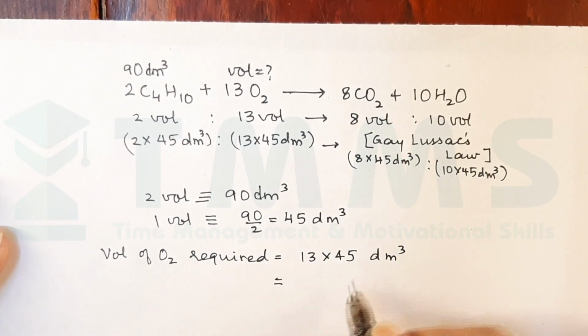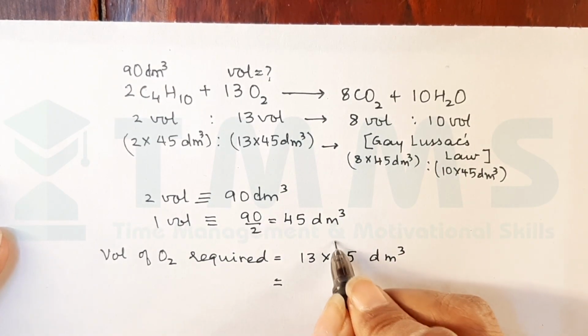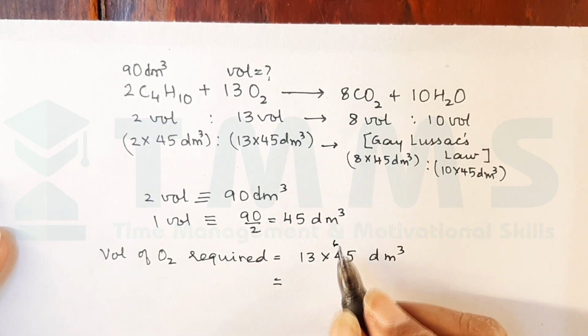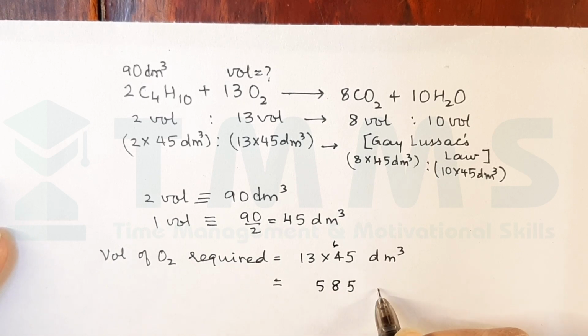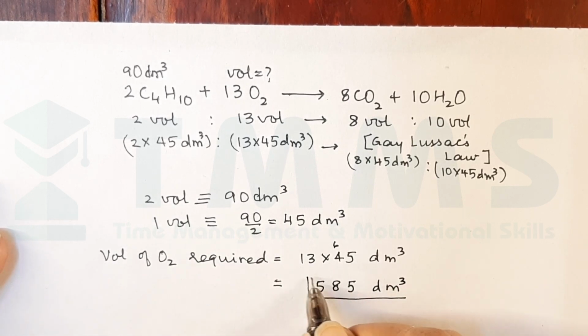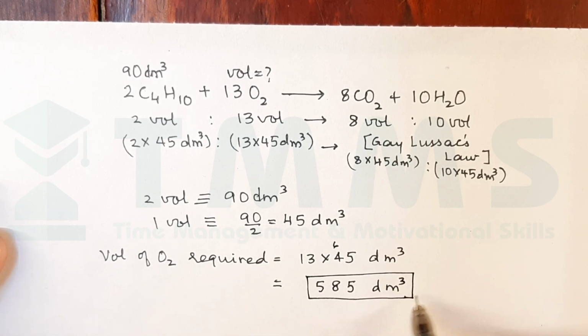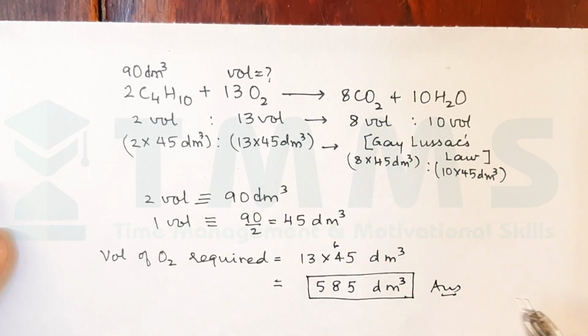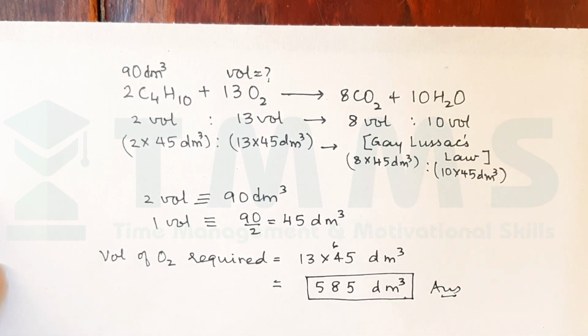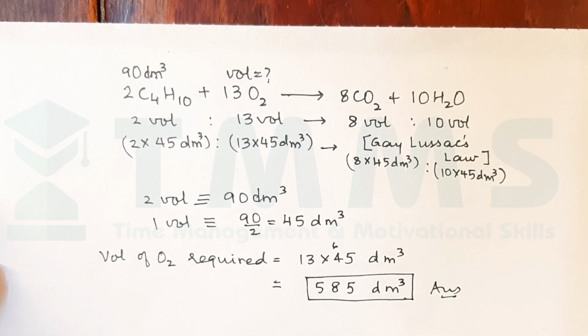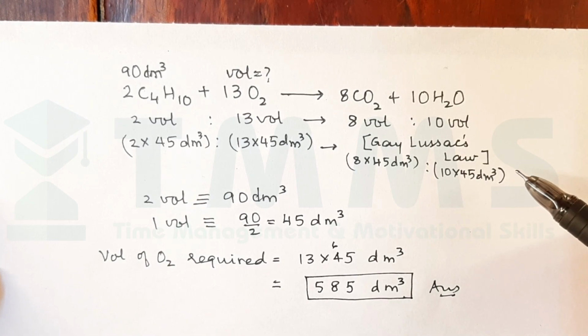So that gives us 13 5s 65, carry 6, 13 4s 52, 52 and 6 will be 58. So 585 dm cube. And that is our answer. Wasn't that easy? Are we understanding all the tips? Is the concept clear? Are we understanding this better?